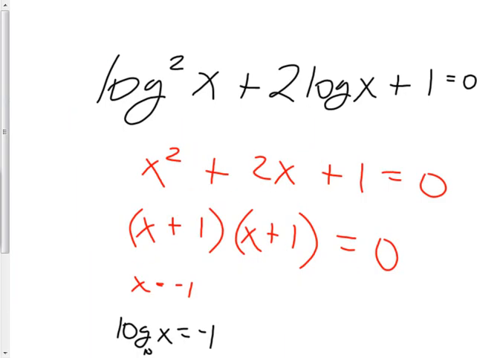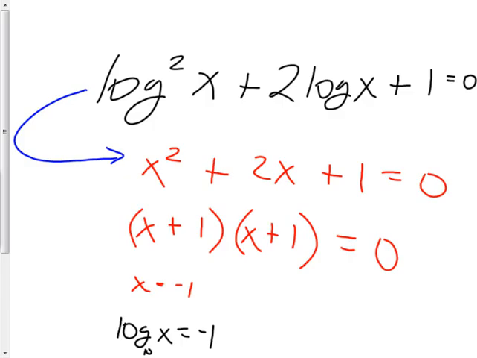This one is another quadratic. And the red writing is how you would solve it. Do you see what happened when we went from the black line here to the red line here? What did I do? Yeah. I replaced the log x's with just x. I did a substitution.